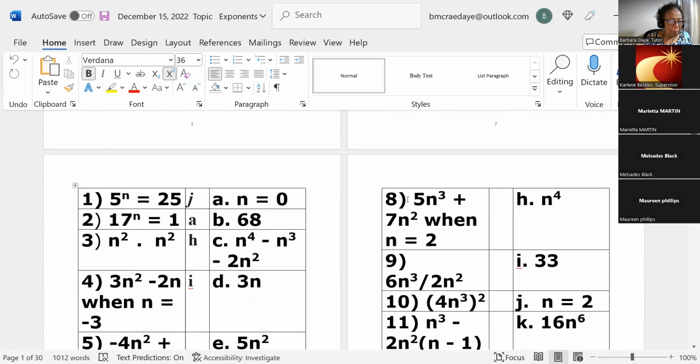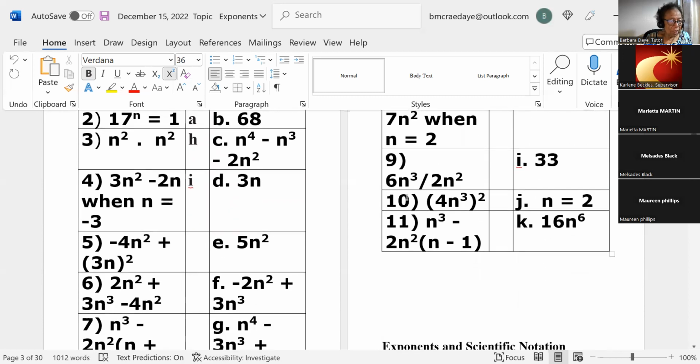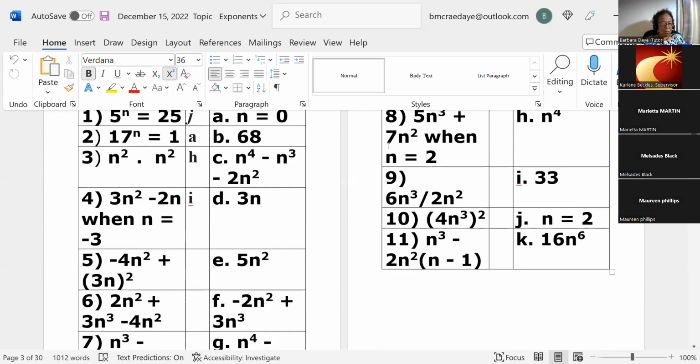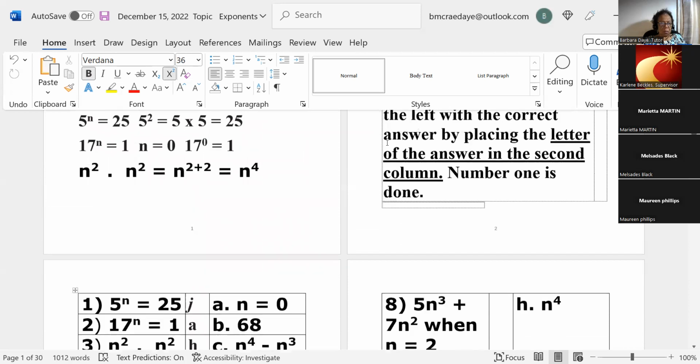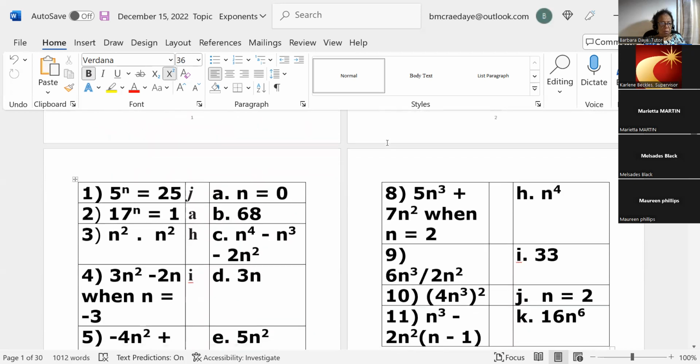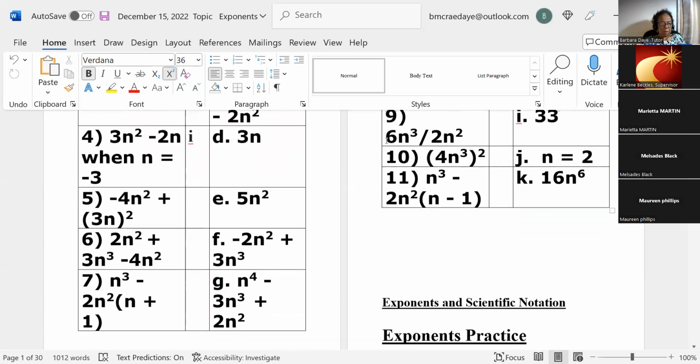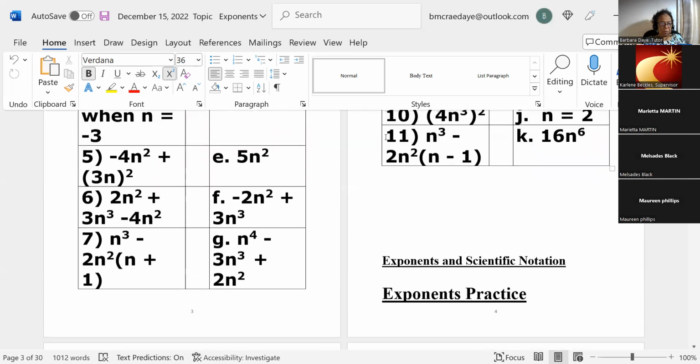So we've got -4n to the second plus 3n to the second. Now let's go down here.